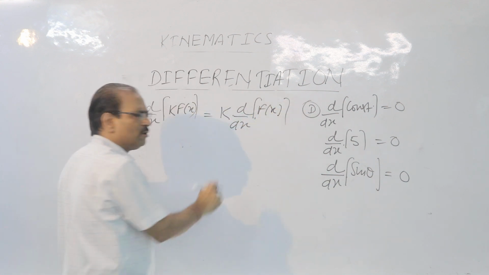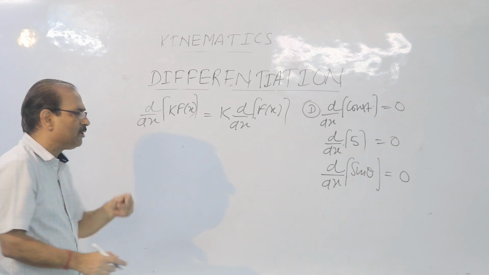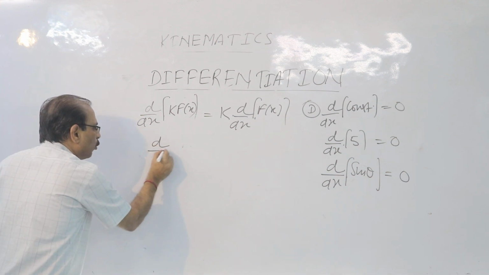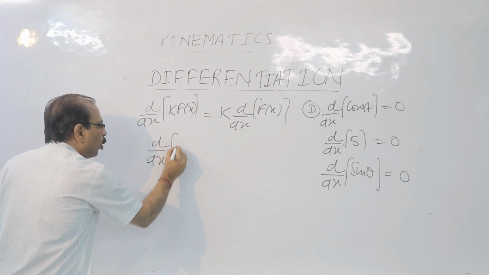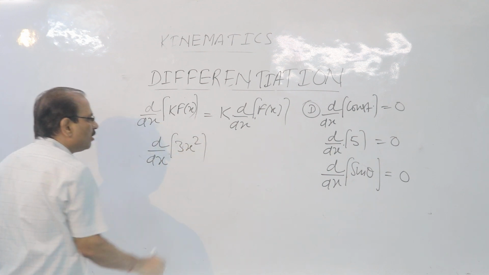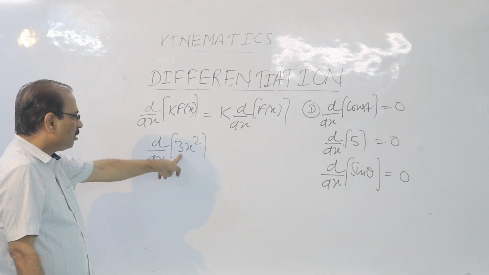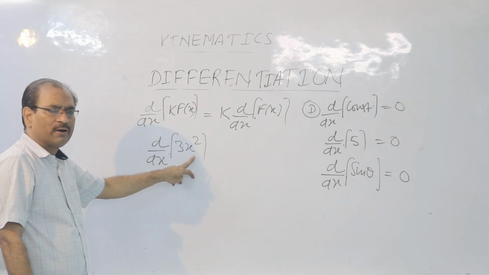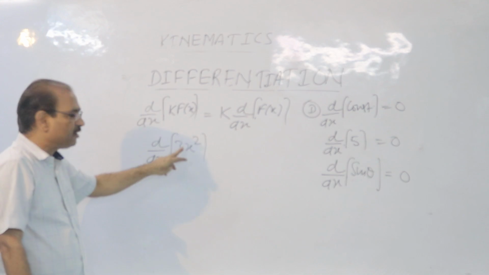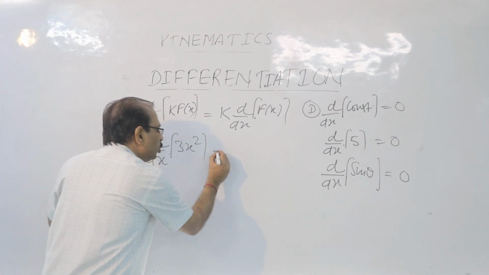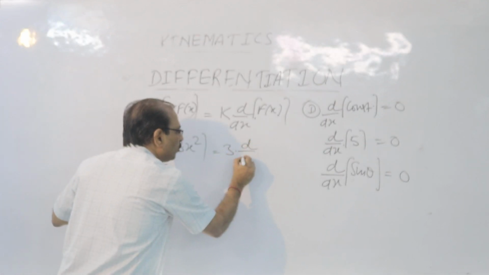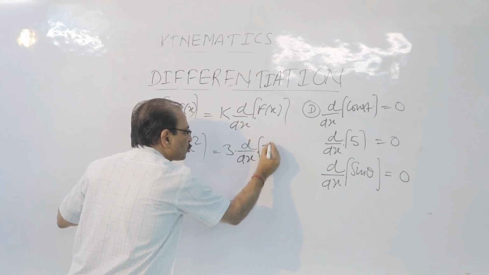Now you can proceed. Just for the sake of example, I am taking find out d upon dx of 3x square. What should be the answer? How will you solve this question? Children, here the function is 3x square. 3 is taken to be constant, it will be coming out. So you will get 3 into d upon dx of x square.